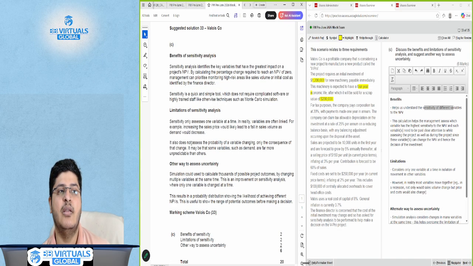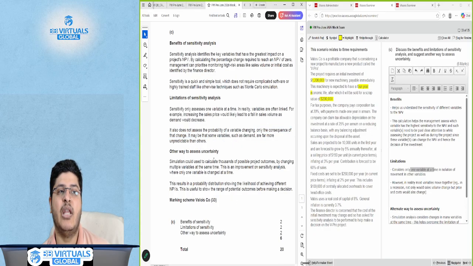Okay, it is a simple one. Simulation is difficult. This is very simple. Only assesses one variable at a time, correct? Only assesses one variable at a time, but in reality multiple variables can move together, correct? As a consequence, as a second point. Next one is simulation can be used to consider thousands of possible project outcomes by considering multiple variables at the same time.